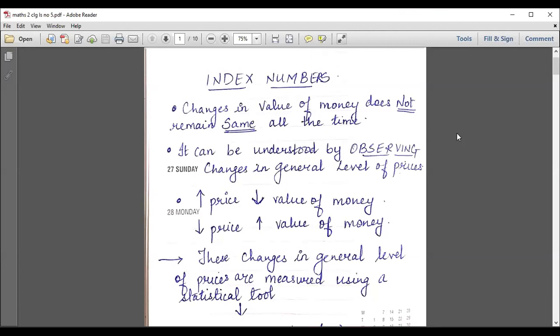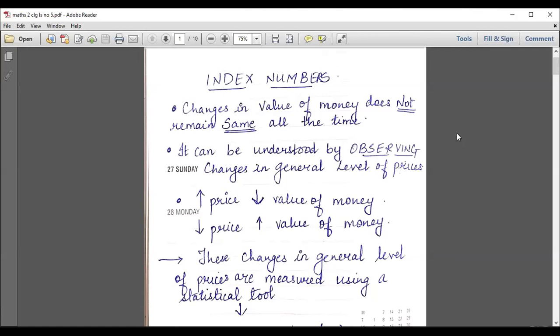The businesses are affected, the import, the export, the price level of the goods, everything is affected by this pandemic. So basically the value of money does not remain the same all the time. If there is a rise in prices, then the value of money declines, and if there is a fall in the price level, then there is an increase in the value of money.